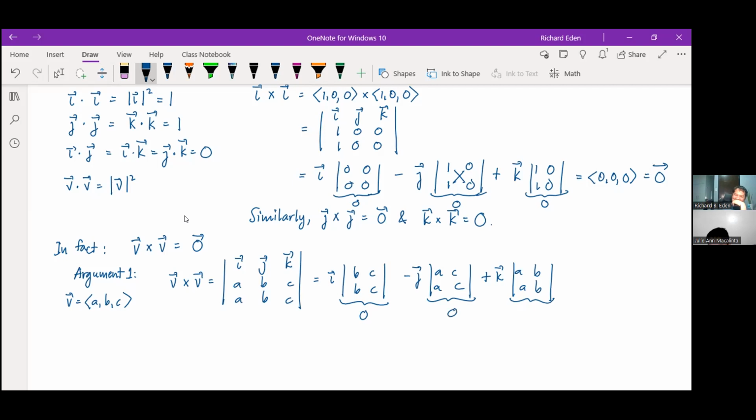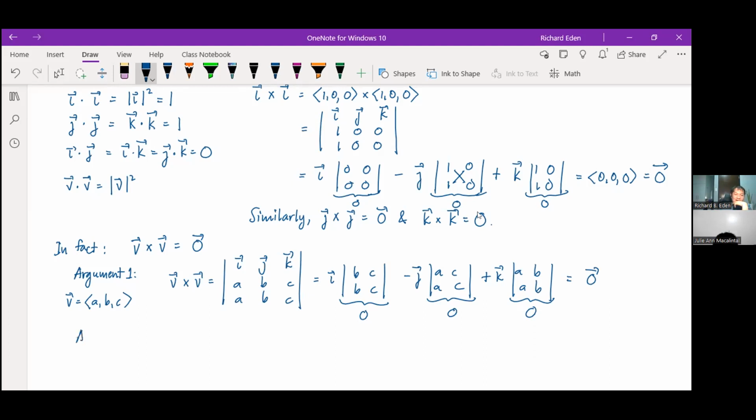Okay, 0. Yeah, 0. And then the last one po is 0. Okay, so 0. All right. That's because that's what happens when the first and second rows are identical. So we get again the 0 vector. So it's nothing special with ijk, it's with any vector.